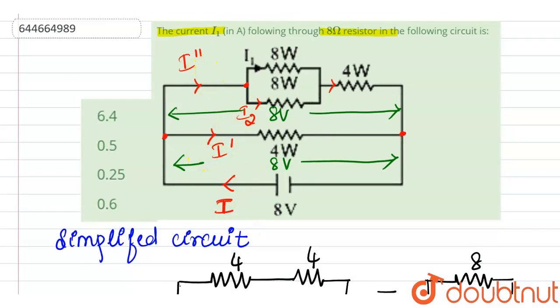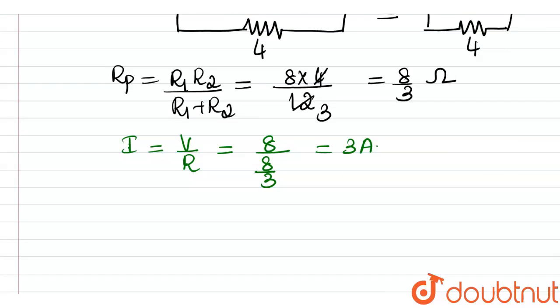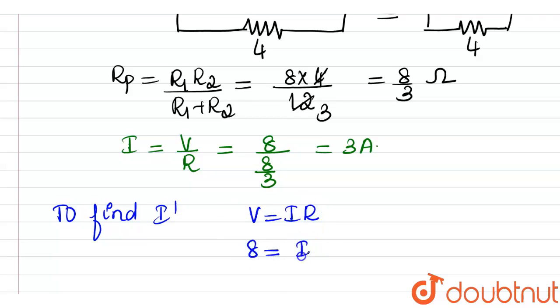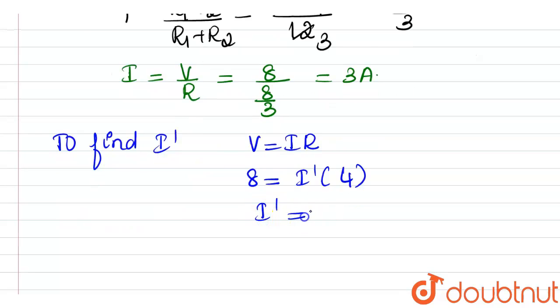So I can also calculate I dash. So to find out I dash, again we will be using Ohm's law. That will be nothing but V is equal to I into R. So same potential difference, 8 volt will be applied. I dash into resistance is 4. So I'll be getting I dash now as 8 divided by 4, which is 2 ampere.